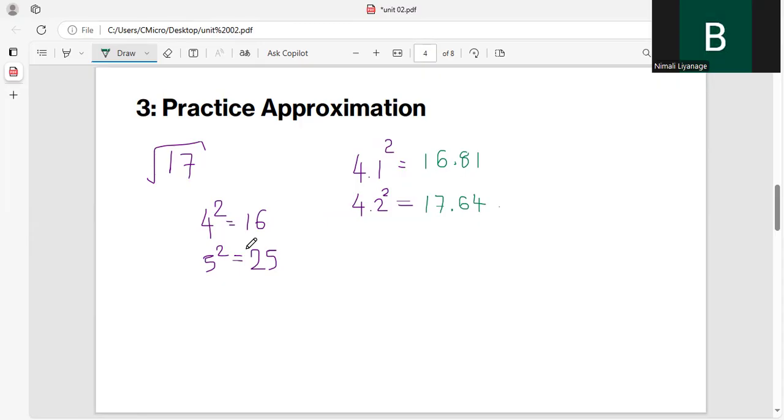So which one is closer to 17? Is it 16.81 or 17.64?